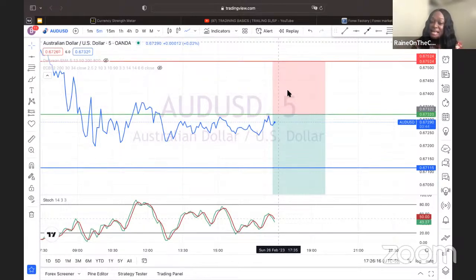So let's say now that it hits your take profit 1. You want to secure partials. For those of you who have a smaller account, so you have 0.01, you wouldn't be able to take partials. But anyone that has a 0.02 or higher in lot size, you can hit close to close your trade.